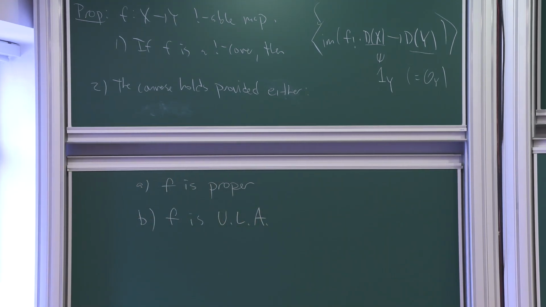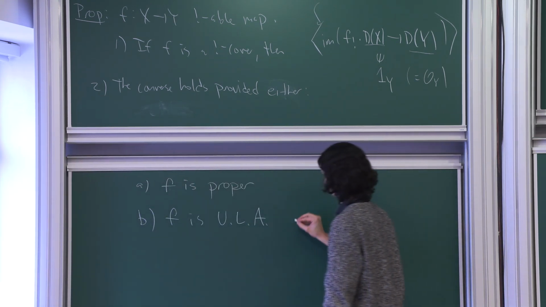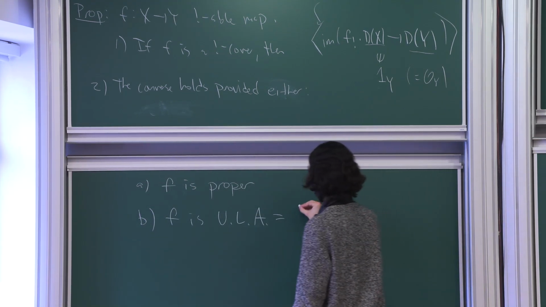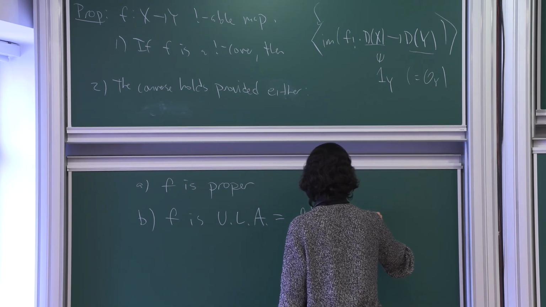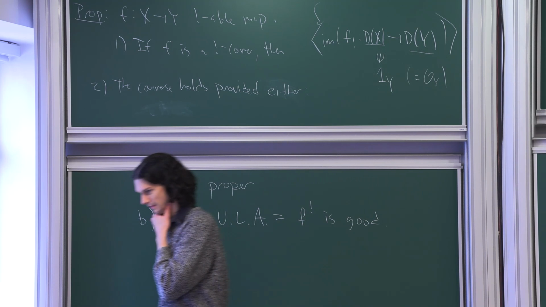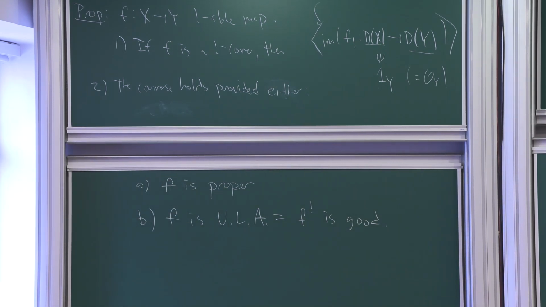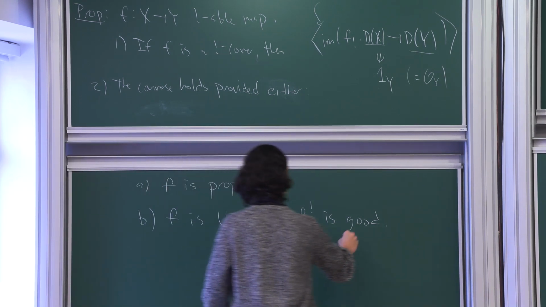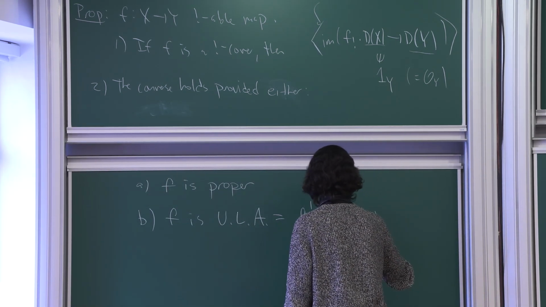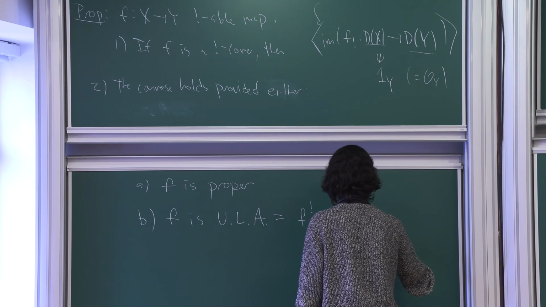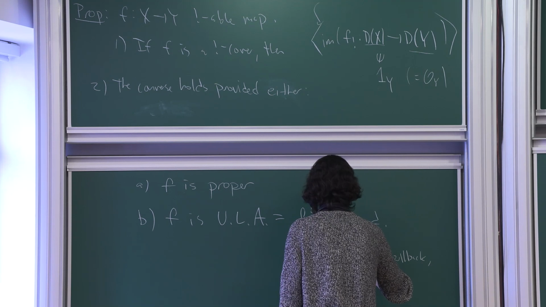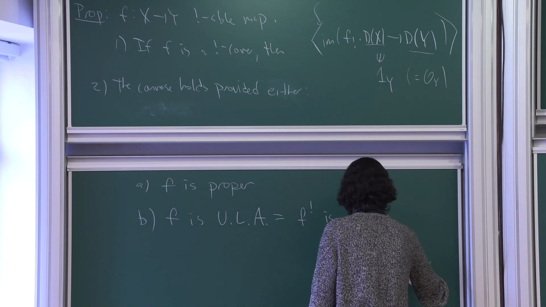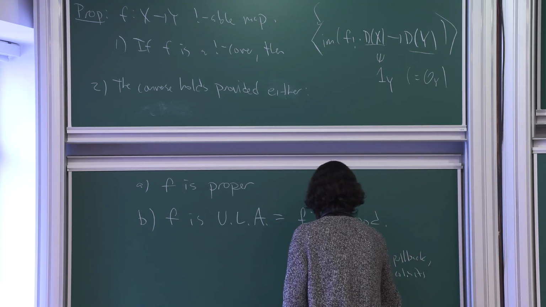Let me explain what that means. That means that f upper Schriek is good. Again, good means commutes with pullback, commutes with colimits, and then the projection formula.